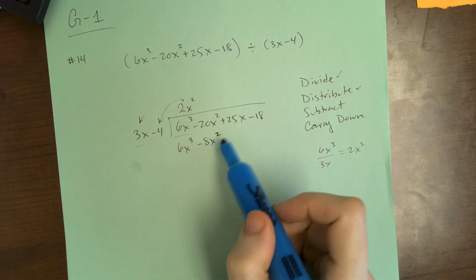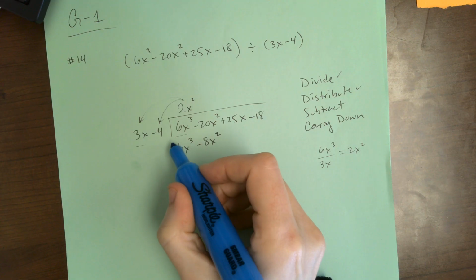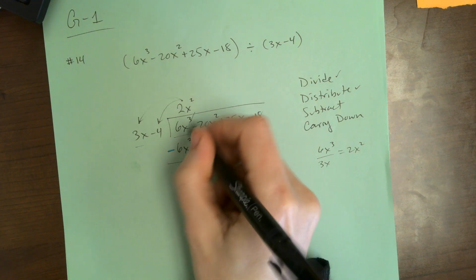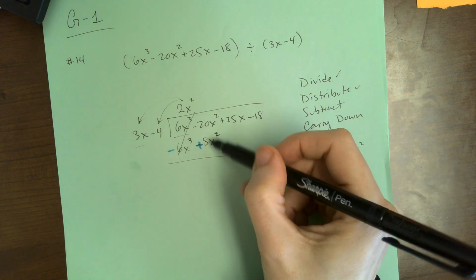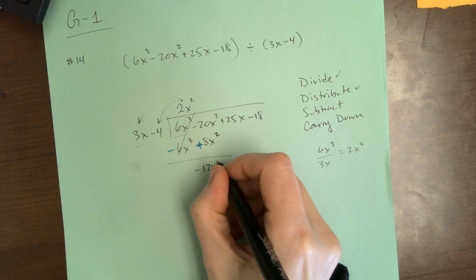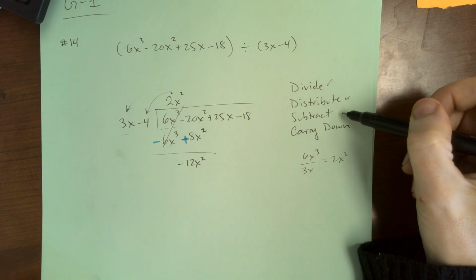You're subtracting this entire thing here. So if you distribute the negative, you're going to have a minus there and a plus there. Now those cancel, and then you add that. Negative 12x squared.